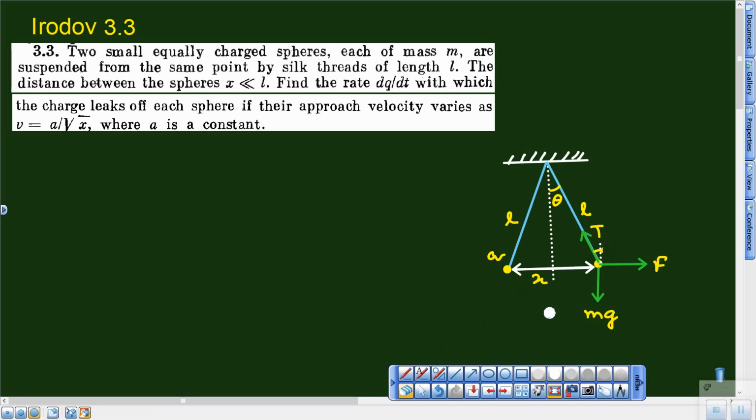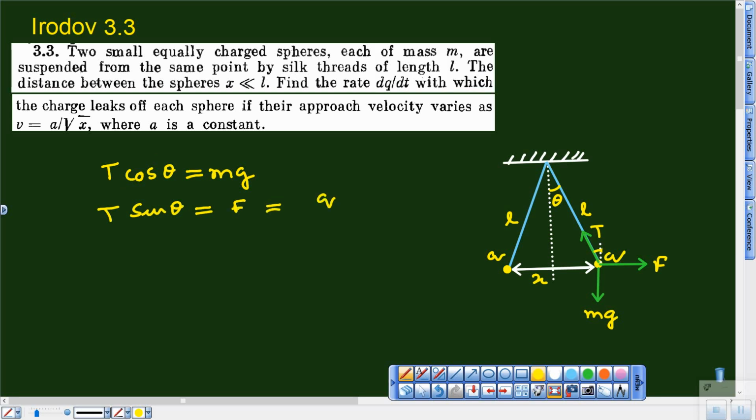You can write the chart somewhere else so that it is not filthy. Maybe somewhere over here, right? Now you can see that if I apply the force balance for this charge, then I get T cos theta is equal to mg and T sin theta is equal to F, which is Q square upon 4 pi epsilon naught x square.